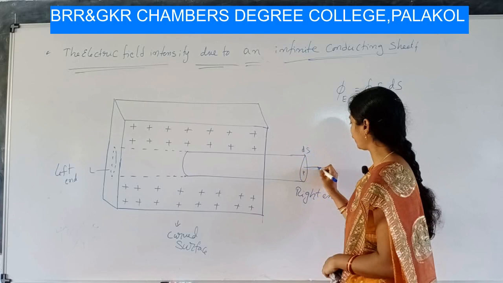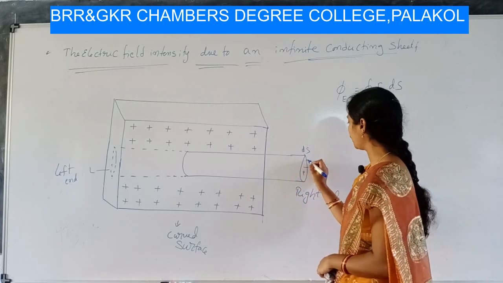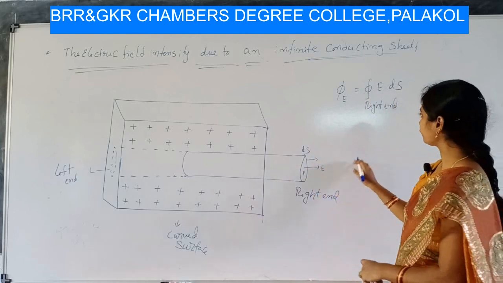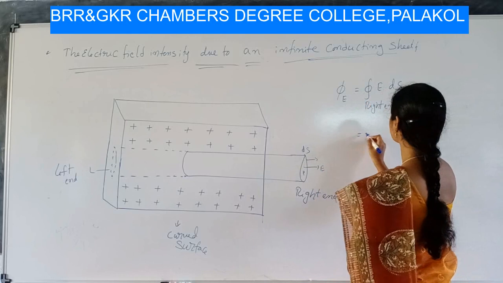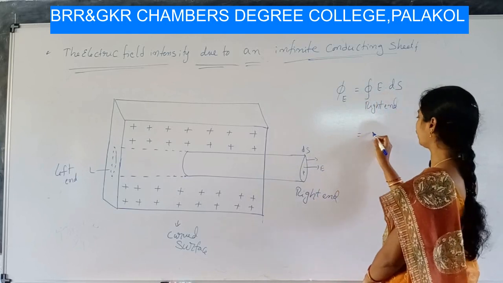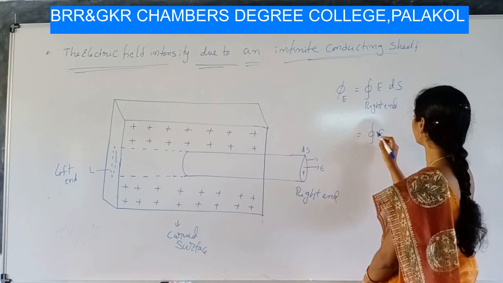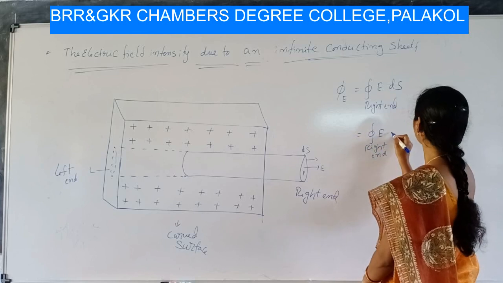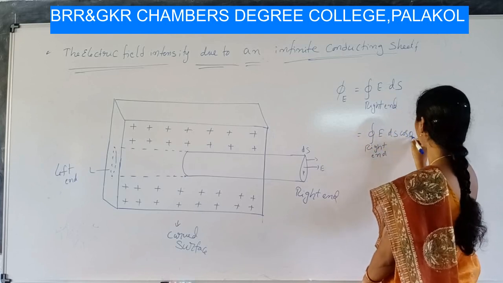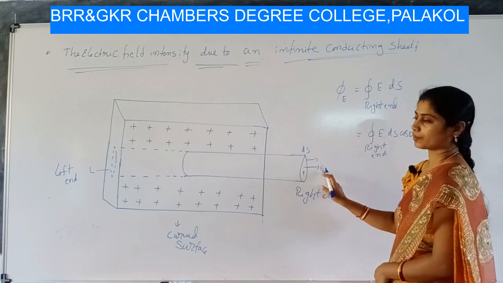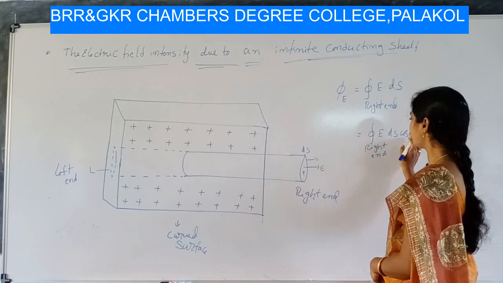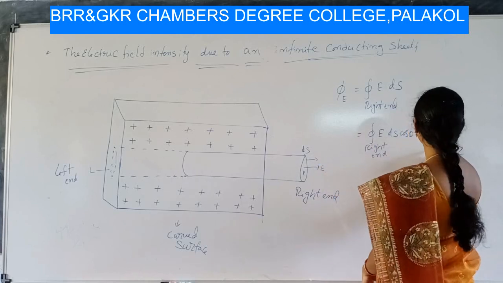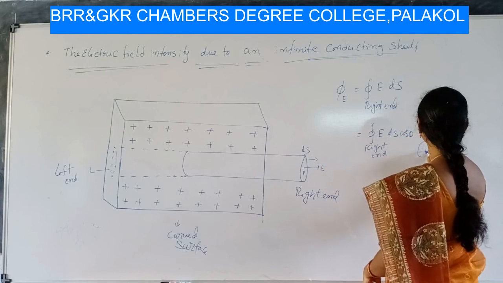The electric field is in the radially outward direction, so ds and E are parallel to each other. Hence E dot ds is E ds cos theta, where theta is the angle between E and ds. Since E and ds are parallel, theta is 0.